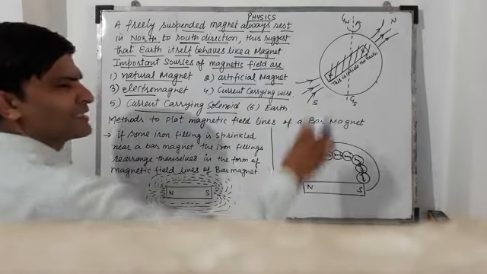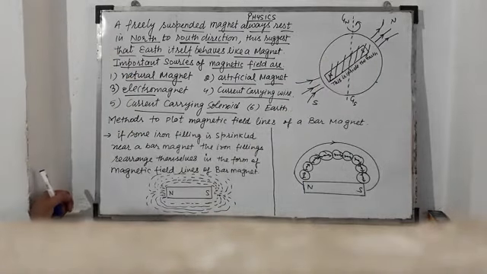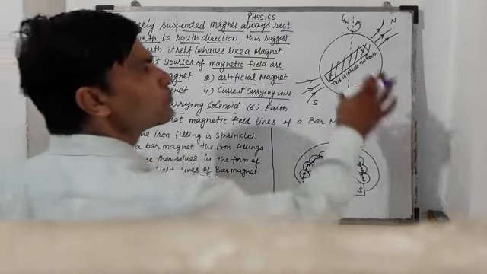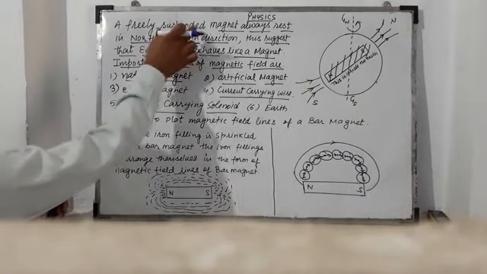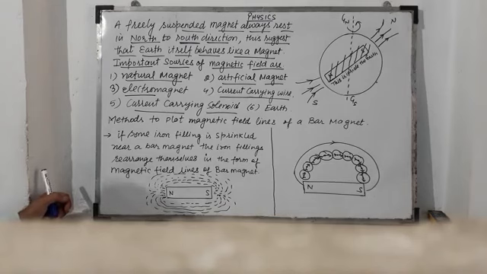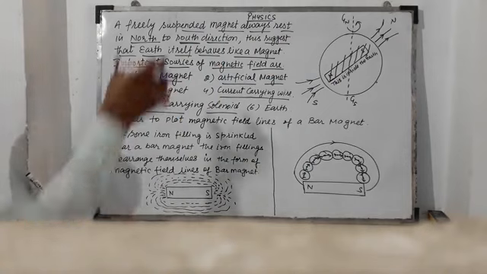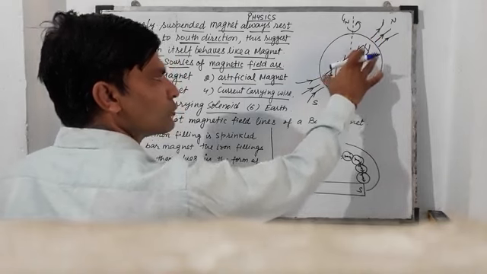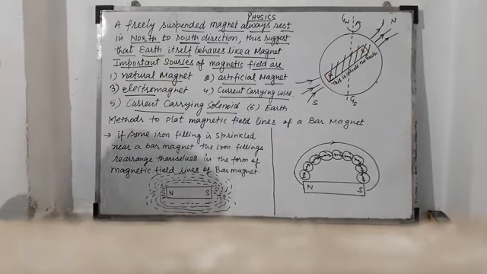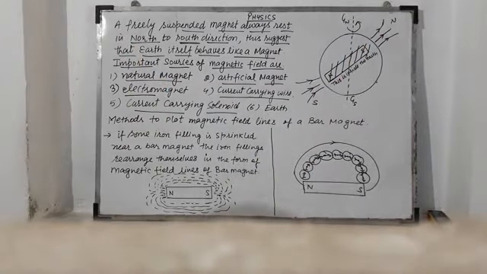And as you can see from the diagram, Earth is also a magnet, so it produces a magnetic field. But always remember this: north to south is opposite to the freely suspended magnet, and we can see the direction according to our freely suspended magnet. So this is not for you to memorize, this is for understanding. And then the pattern north to south is right.